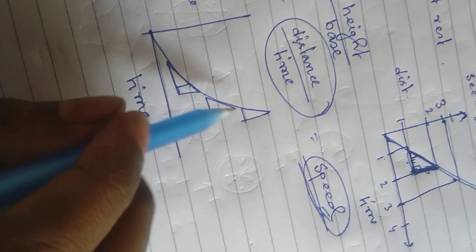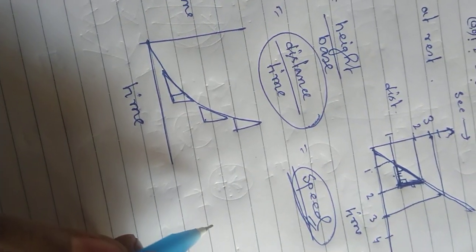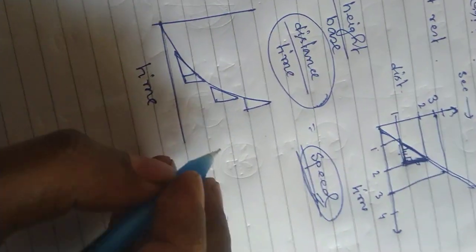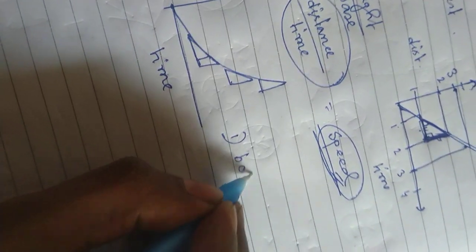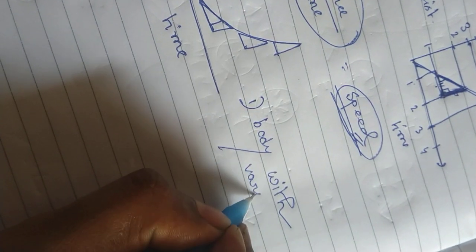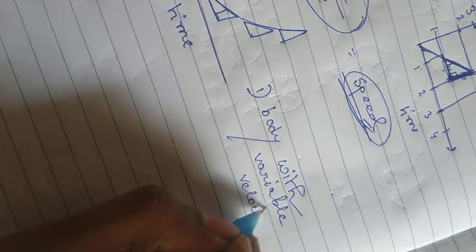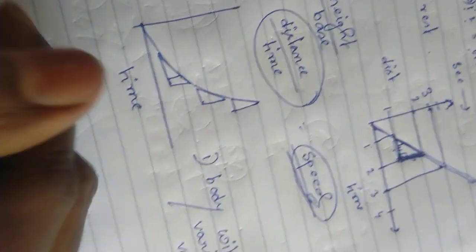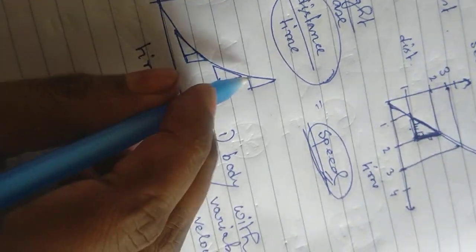If the height by base ratio is changing, that means the velocity or the speed should be changing. So it is a body with variable velocity. This is a kind of graph that can represent a body with variable velocity. So the body with variable velocity has this curved shape.